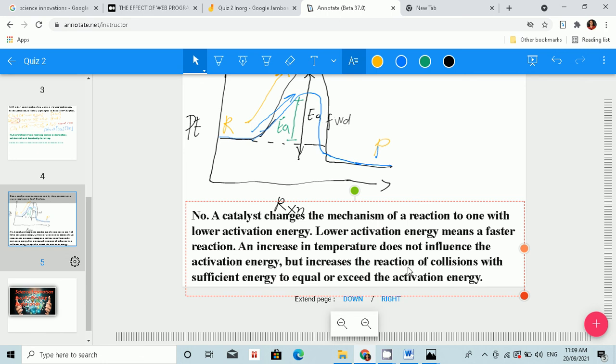So if there's a higher temperature, there's an increase in the fraction of collisions with sufficient energy equal to or exceeding the activation energy. So if we increase the temperature, there is an increase in the fraction of collisions with an energy that can equal or even exceed the minimum energy, the activation energy.